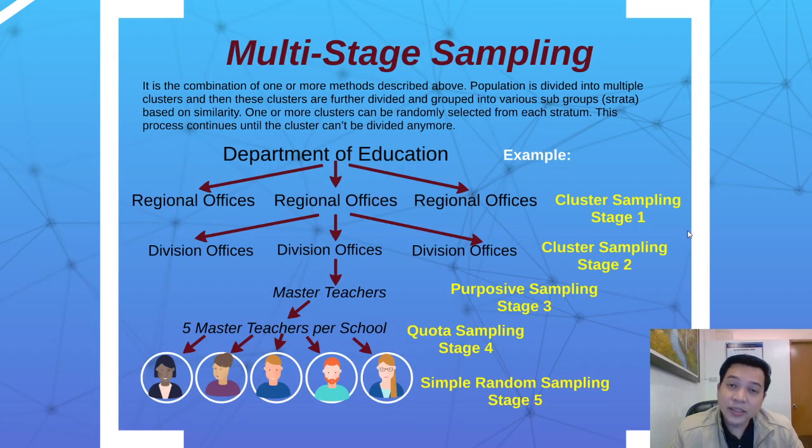Then that will be quota sampling. And if in each school you say I'll just handpick five of the master teachers, and yet they have, let's say, seven or 10, then you can use simple random sampling. So this is an example of multi-stage sampling using both probability and non-probability sampling techniques. The bottom line here is for you to arrive at your direct participants.